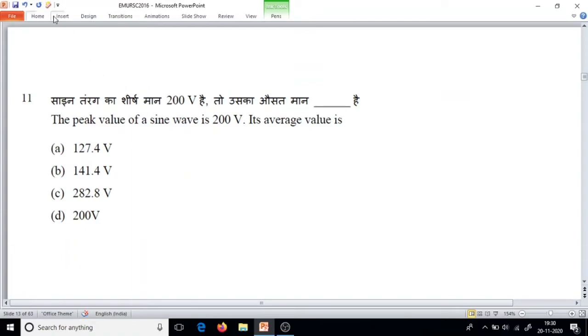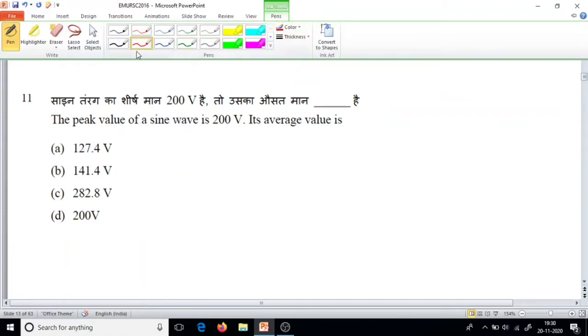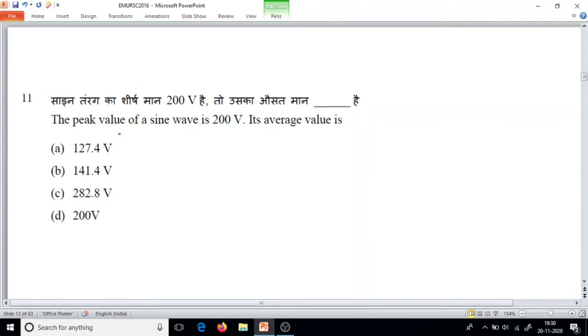Question number 11. The peak value of a sine wave is 200 volt. Its average value is, see, the peak value is given. V peak, what is the peak value? It is 200 volt.